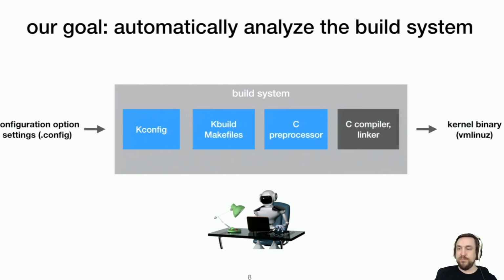For instance, figuring out which code depends on which configuration options, automatically generating configuration options that will test changes to the code. Or, in the case that we'll see today, find some kinds of bugs that are in the build system itself that are specific to certain combinations of options.